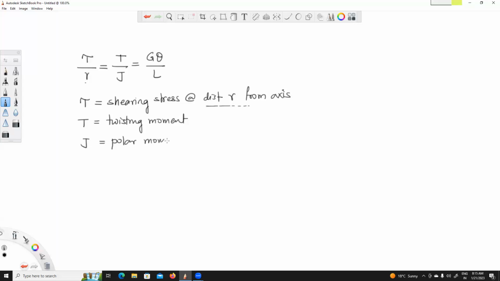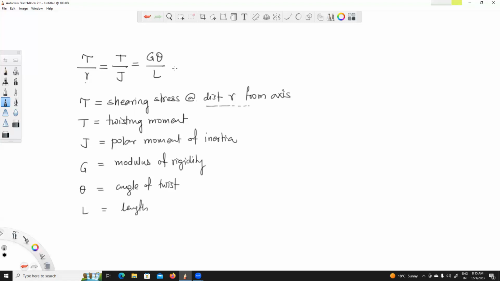G is the modulus of rigidity of the material of the rod; there we had Young's modulus. Theta is the angle of twist, and L is the length of the rod.